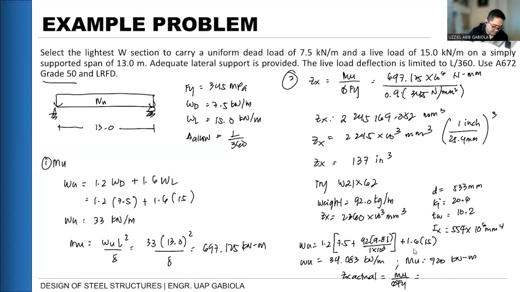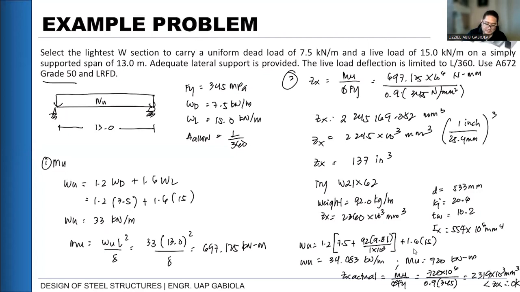And then yung Z actual natin, ZX actual is equals to MU over phi Fy. So that will be 720 times 10 to the 6 all over 0.9 times 345. Magiging value natin is 2319 times 10 to the 3 cube, which is less than dun sa ZX natin. So therefore, okay.